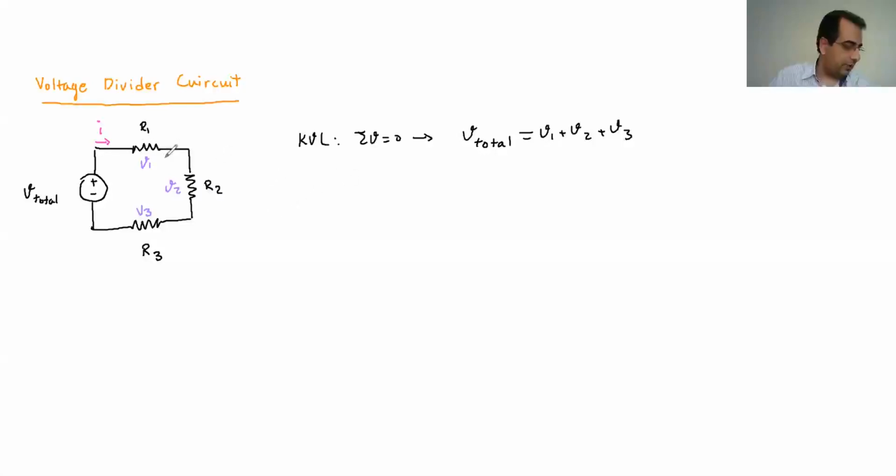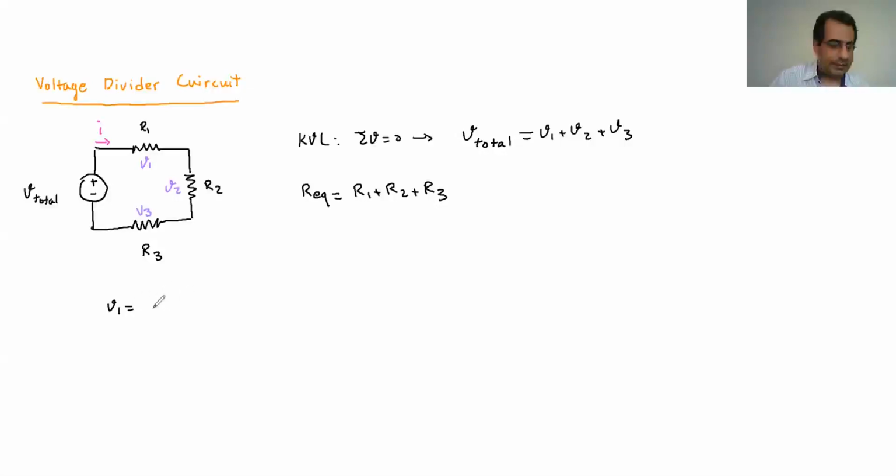Also for R, we can replace these three with R1 plus R2 plus R3. If you do some calculation and rearrangement between these equations, this is the equation you're going to get.